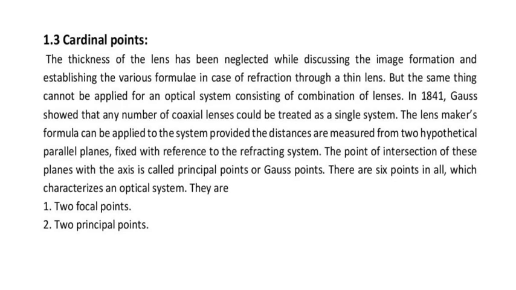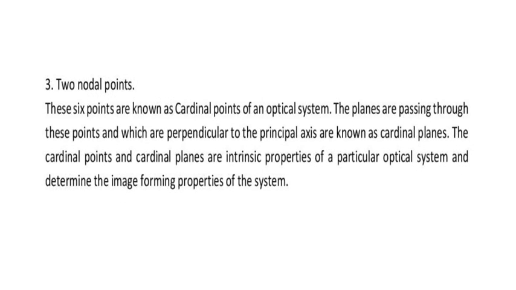There are 6 points in all which characterize an optical system. They are two focal points, two principal points, two nodal points. These 6 points are known as cardinal points of an optical system.